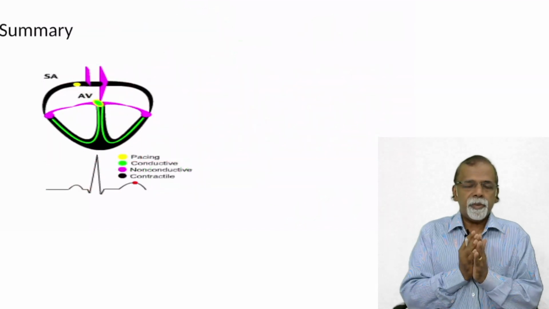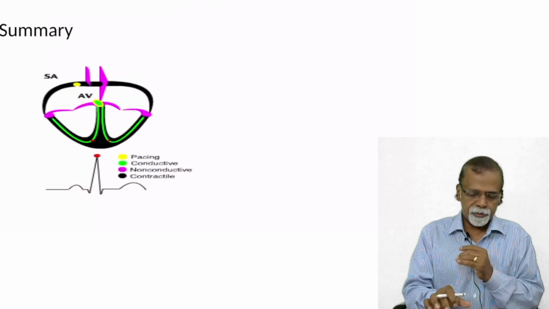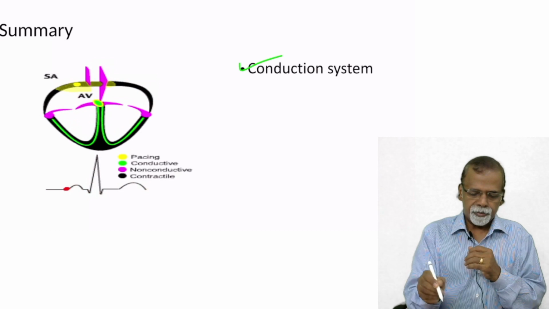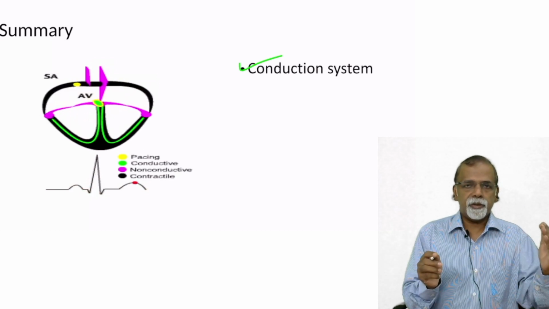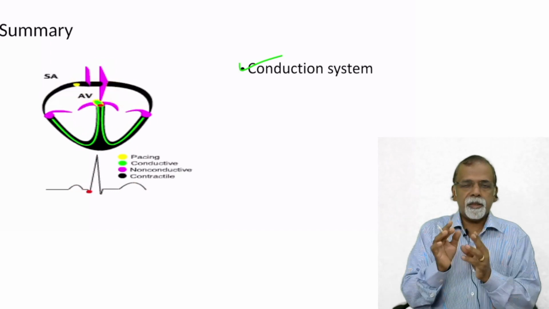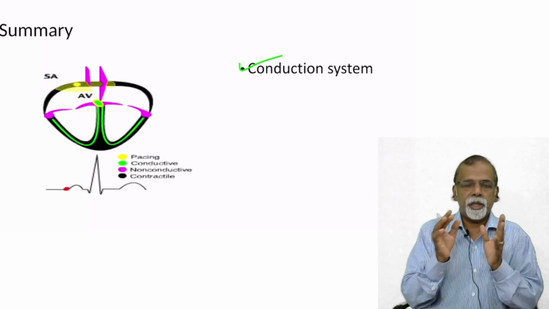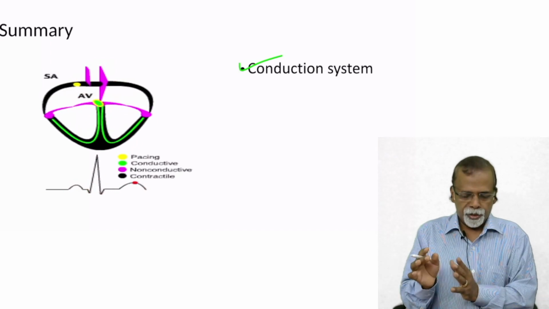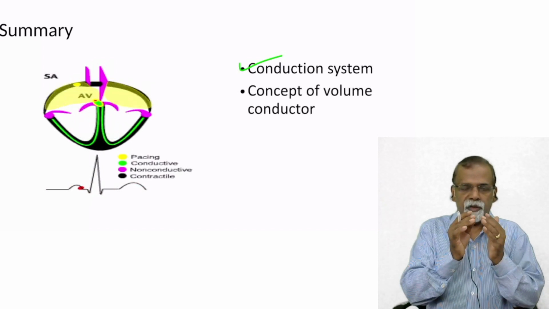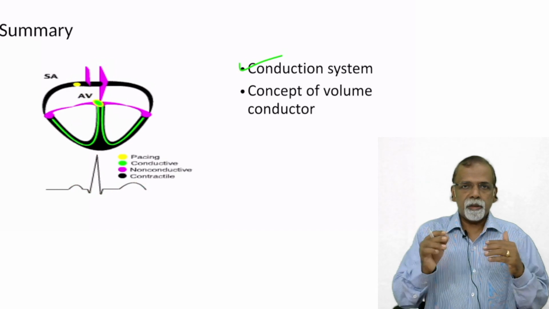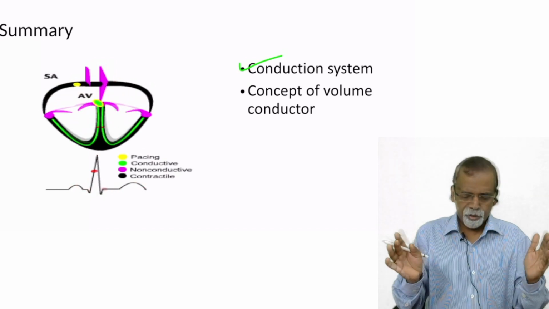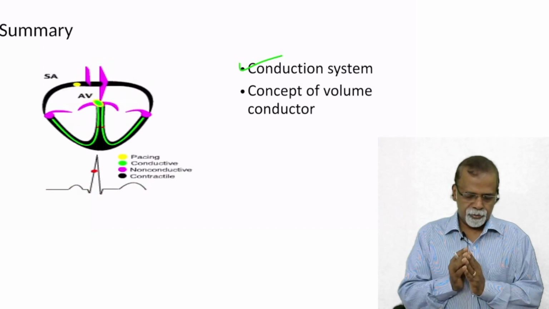So in summary, let us recollect what we have learned today. We talked about the conducting system, starting with the SA node, the atria, the three bundles going through the atria to the AV node. The bundle of His divides into the right bundle, left bundle, the Purkinje system, and activation of the ventricles.